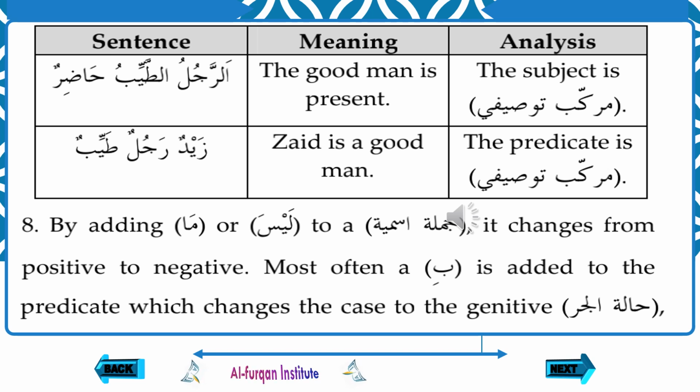The other example we have is Zaidun rajulun tayyib, Zaid is a good man. The predicate here is murakkabun tawsifiyun. So in the first sentence the subject is murakkabun tawsifiyun, and in the second example the predicate is murakkabun tawsifiyun.